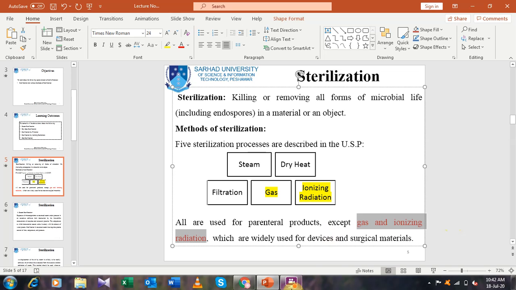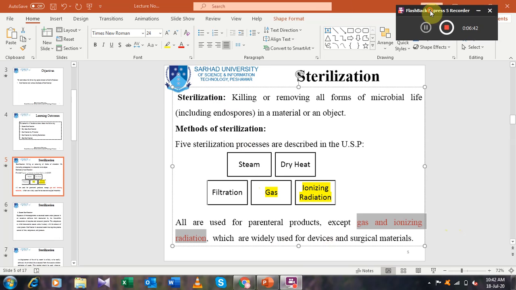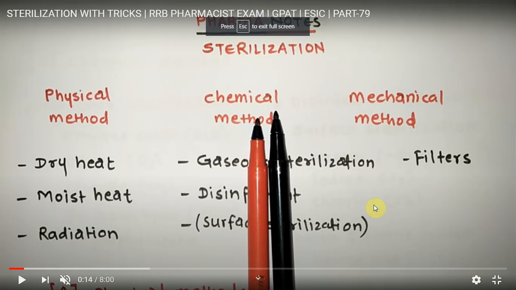Before going to extend our discussion, sterilization can be classified as physical methods of sterilization, chemical methods of sterilization, or mechanical methods of sterilization.